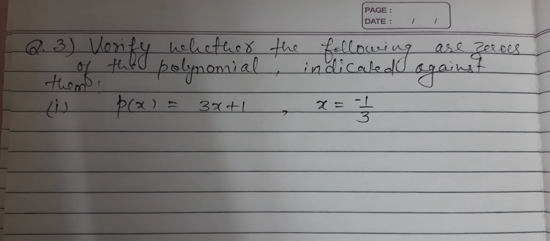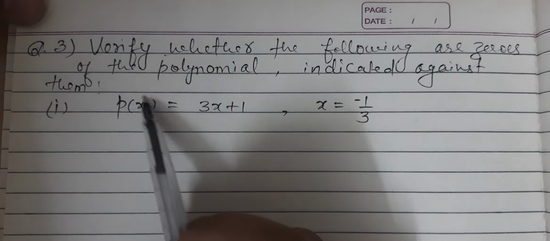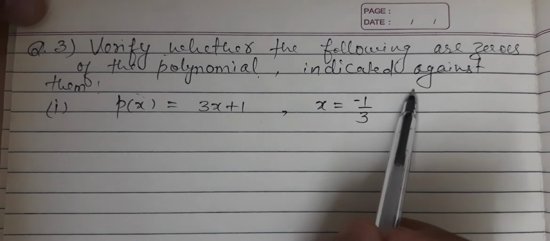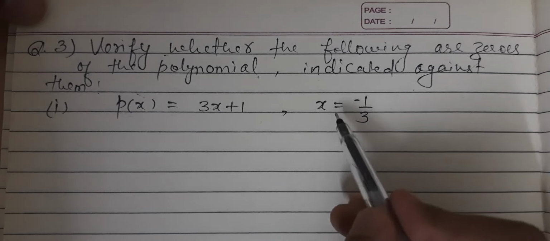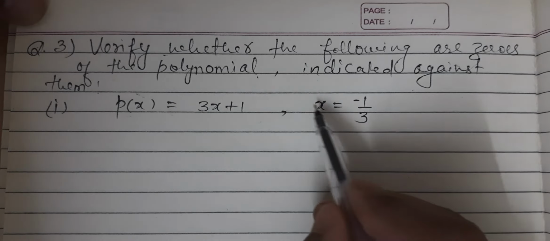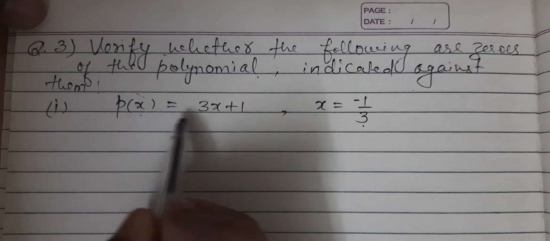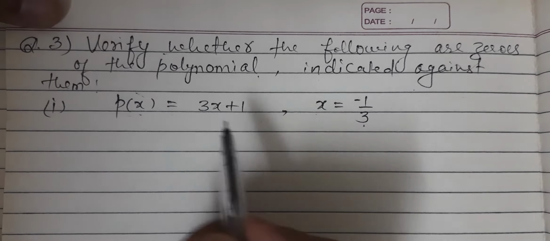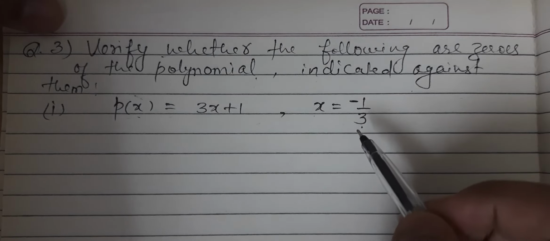Now the next question is, verify whether the following are zeros of the polynomial indicated against them. It means we are given a polynomial and here x equals to minus 1 by 3. So we have to check whether this minus 1 by 3 is the zero of this polynomial or not.